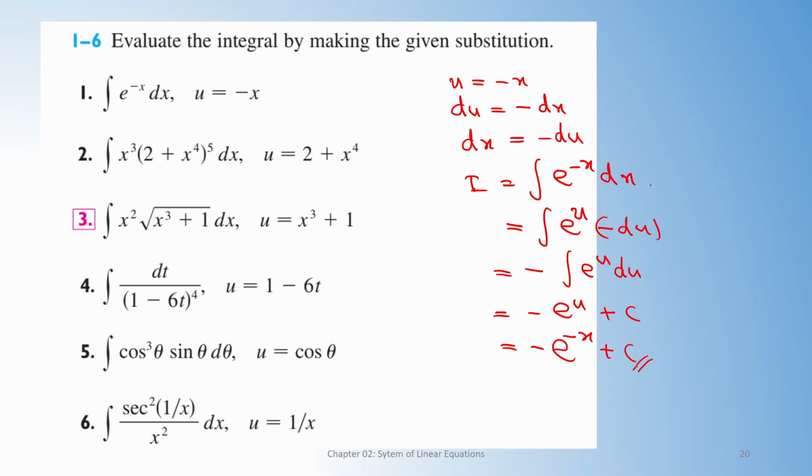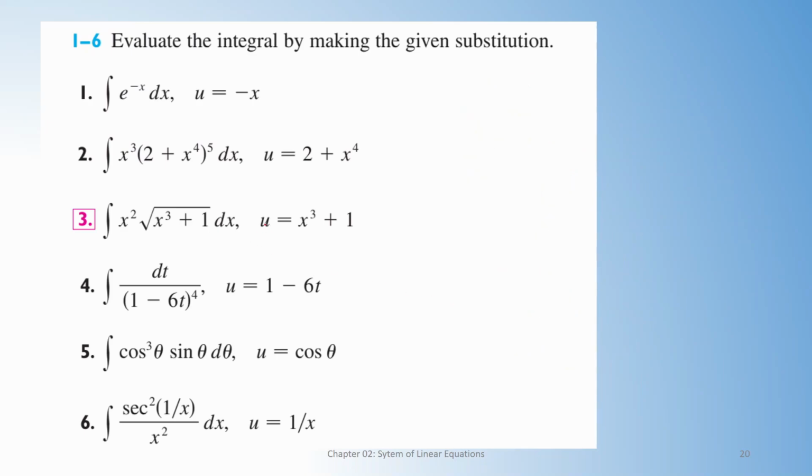Okay, now one more, the second one: we have x³ times (2 plus x⁴) to the power 5 dx. We are given the substitution 2 plus x⁴, so u is equal to 2 plus x⁴.